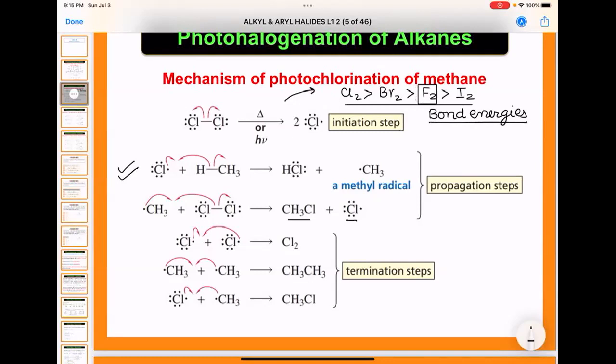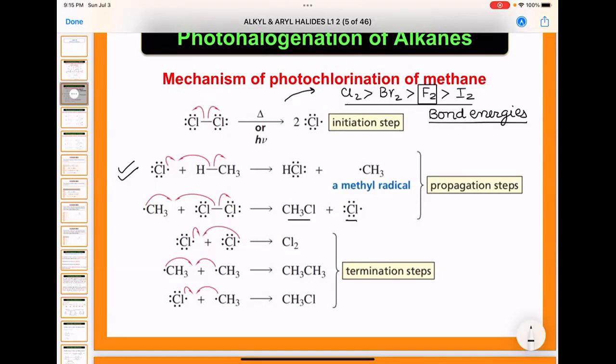Actually, F2 is smallest, so its bond should be strongest. But it is not the strongest bond. It is a weak bond. Because it is highly electronegative. No, actually what happens is, if the bond is smaller, it is going to be stronger.